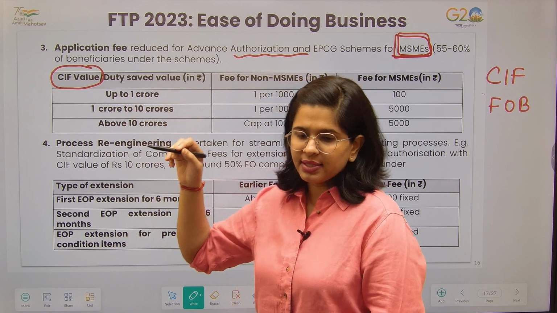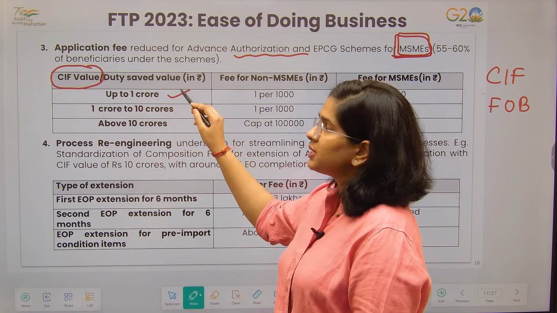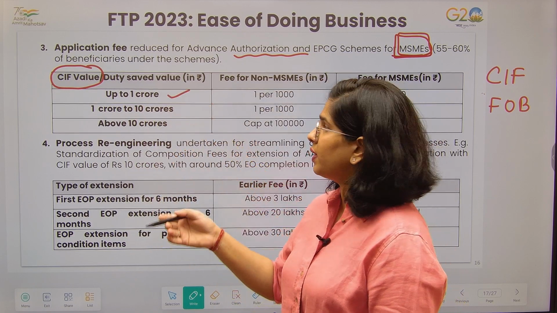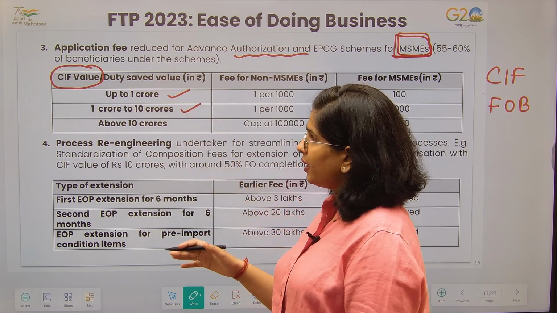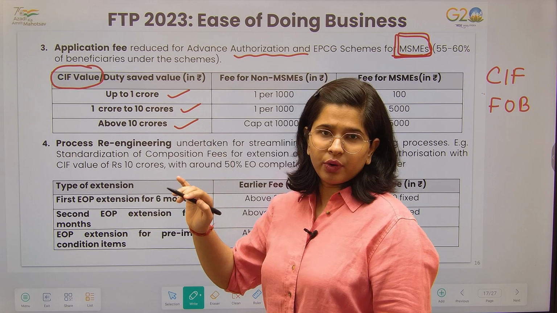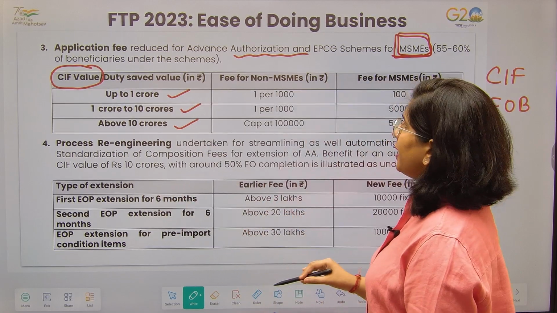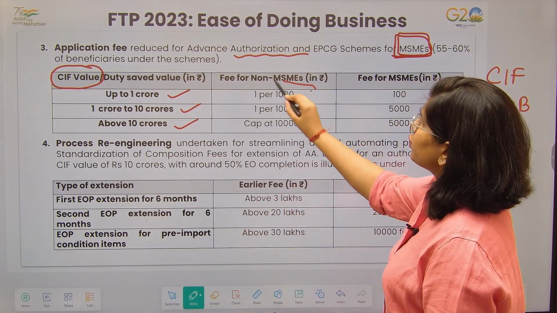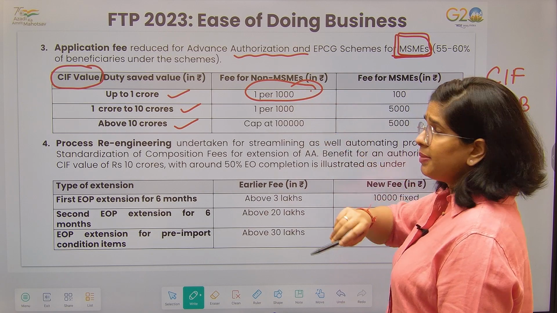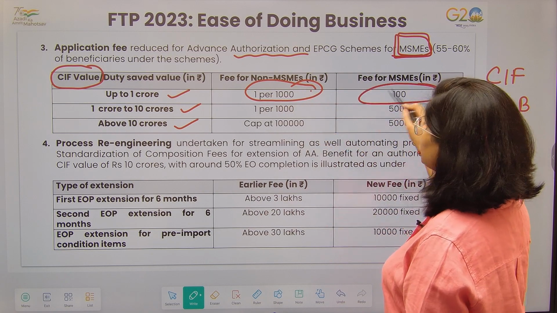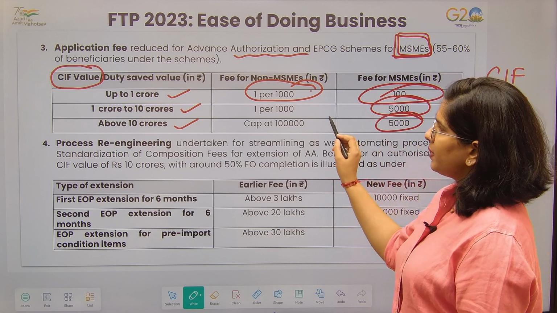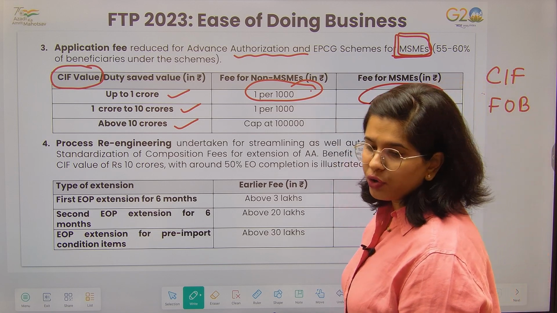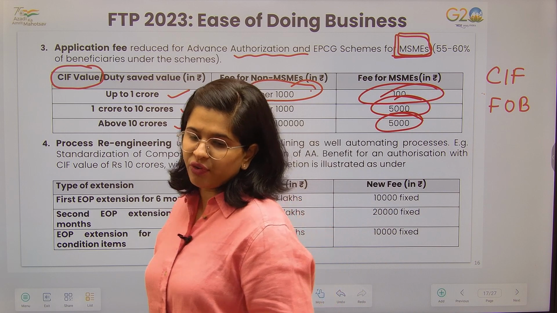If you have CIF value up to 1 crore, this is your export turnover, or your export turnover lies between 1 crore to 10 crore or above 10 crores, then this is going to be the fees for non-MSMEs, and for MSMEs this is 100 rupees, 5,000 rupees and 5,000 rupees, right? So this is how your fee structure is going to be for the MSMEs.